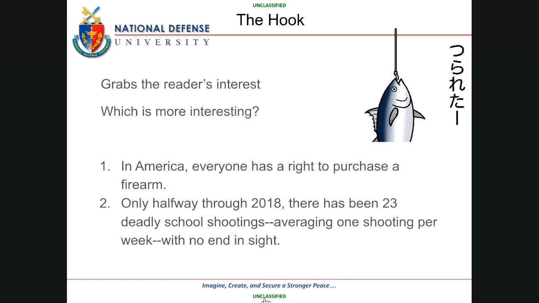I'm not hearing Anton or Blaze. Fanis, can you read number 2? Okay, you can continue. Only halfway through 2018, there have been 23 deadly school shootings, averaging one shooting per week with no end in sight.